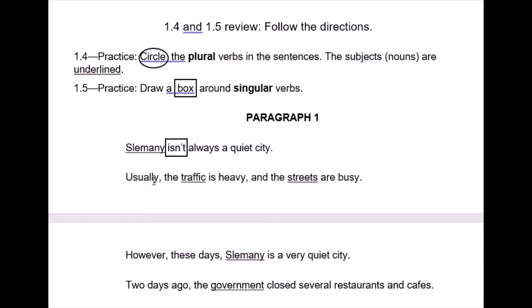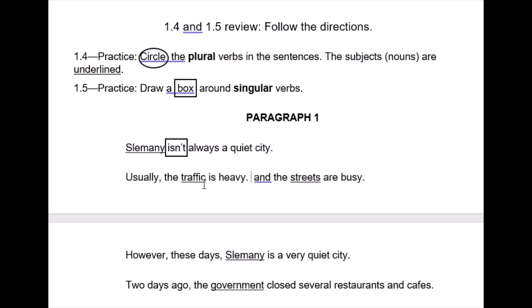Next sentence. Usually the traffic is heavy and the streets are busy. So circle the plural verbs. Do we have any plural verbs? Well, for a plural verb, we need a plural subject. So in the first part of the sentence, we have usually the traffic is heavy.